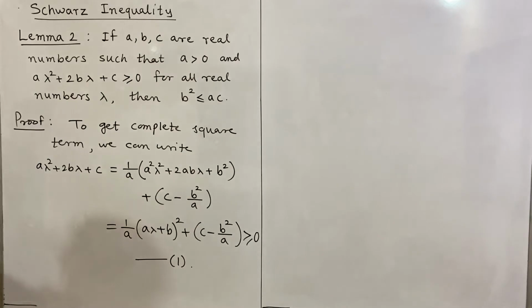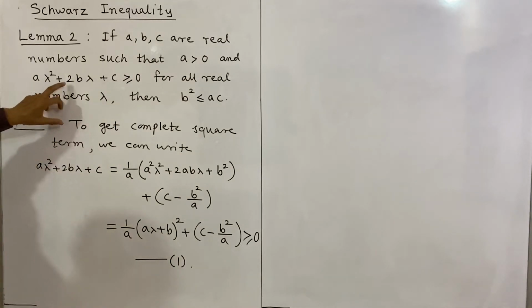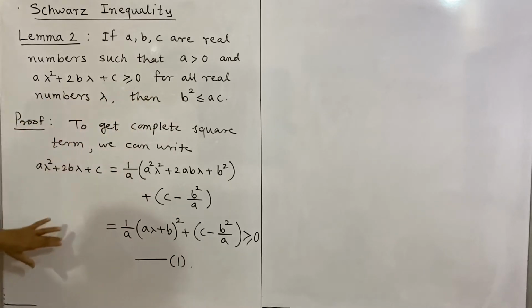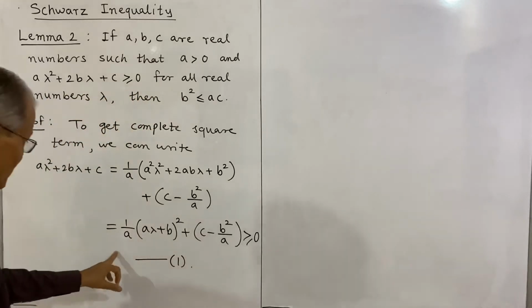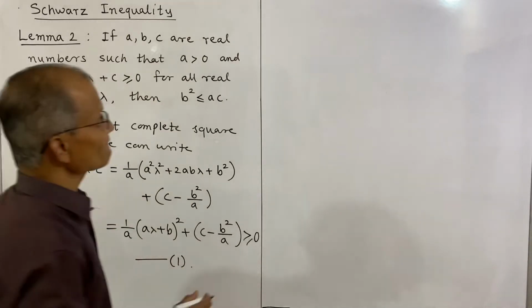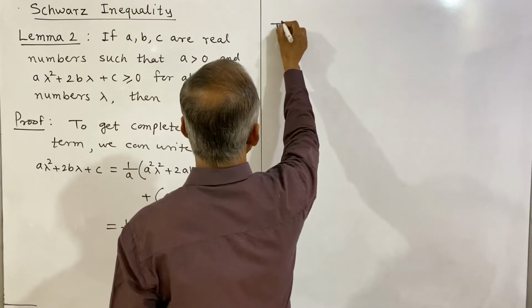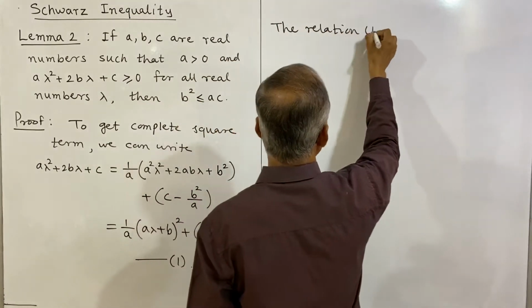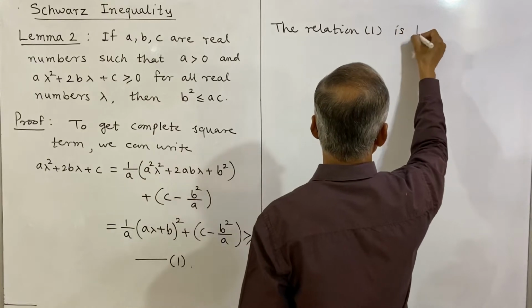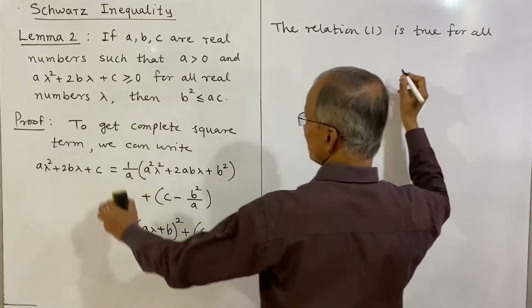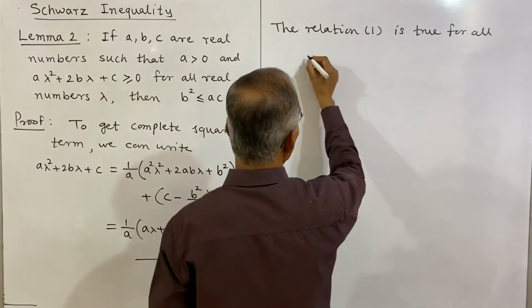Now, it is given that this expression is true for all real numbers lambda, so the relation 1 is true for all real lambda.